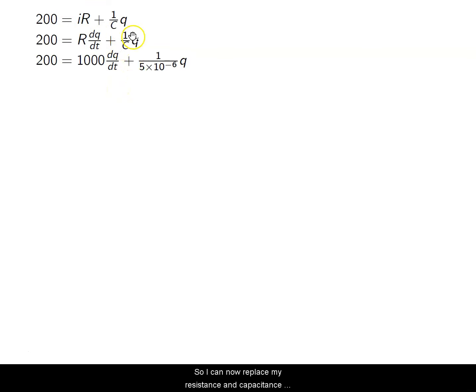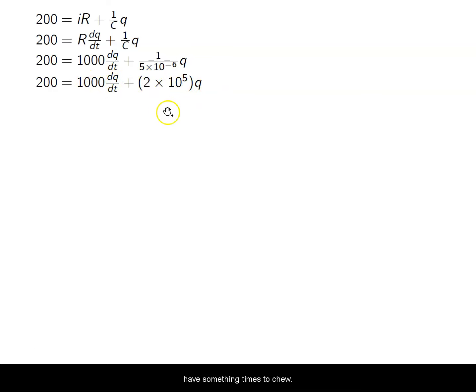So I can now replace my resistance and my capacitance, and I can isolate my dQ term if I want to. But if you notice, it's actually in the form of a linear equation, right? I have something times dQ plus some other function times my Q equals some constant.